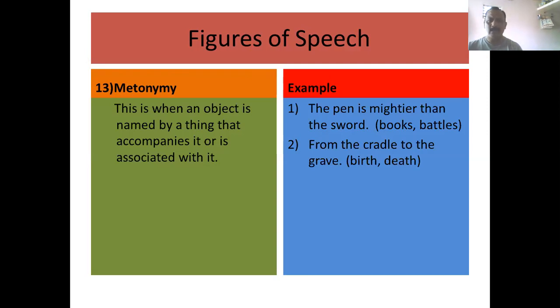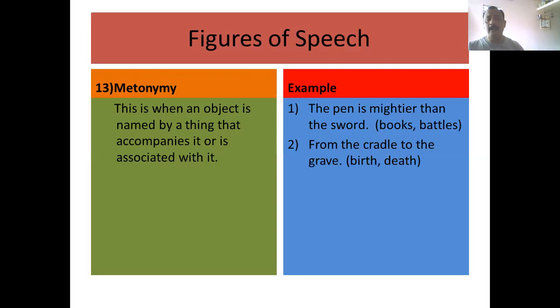So cradle accompanies the birth and grave accompanies death. The poet is not saying from the birth to the death, the poet is saying from the cradle to the grave. Actually, birth and death should be used there, but instead cradle and grave are used there. At that time, it is called metonymy.